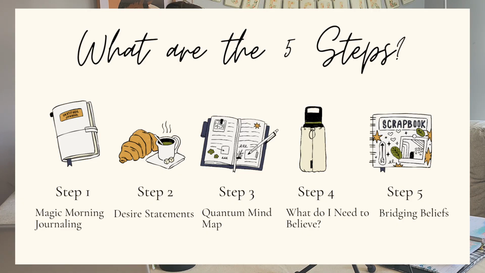Step 4, what do I need to believe? This is the exercise where you see that point B that you're trying to get to, where you want to be, do, or have. You have to ask yourself, if my beliefs shape my reality, my current beliefs have created my current reality, and my future reality looks different.